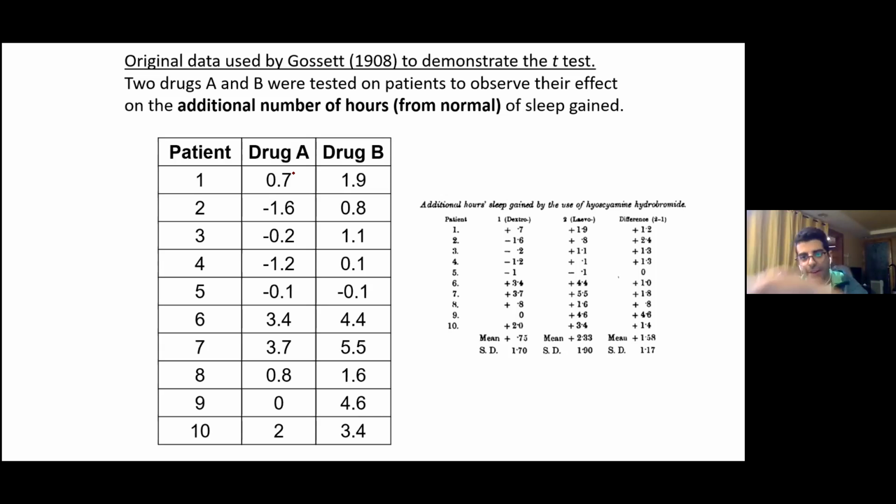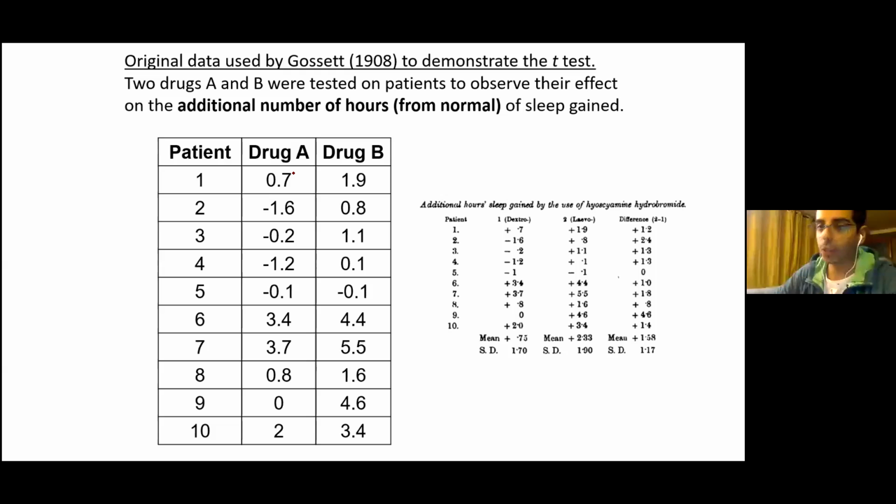If you have this group taking drug A and this group taking drug B, you have different people taking different drugs in different groups, right? This is called an independent t-test. Independent because these people are independent of these people.